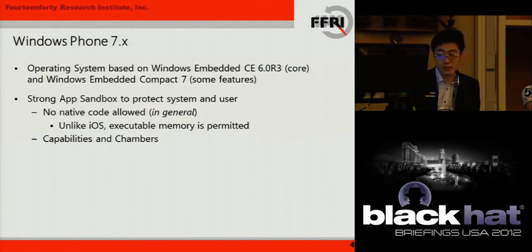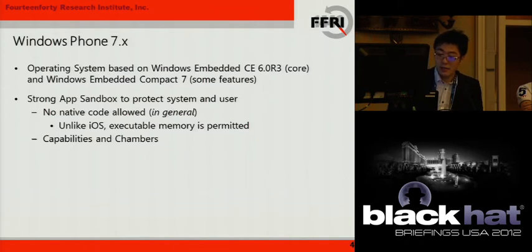Applications are sandboxed in order to protect the system and user together. And each application is separated using capabilities and chambers, which makes accessing unauthorized resources nearly impossible. More interestingly, normal Windows Phone 7 applications are not authorized to use native code. Only .NET code is allowed. Well, native code could be exploitable.